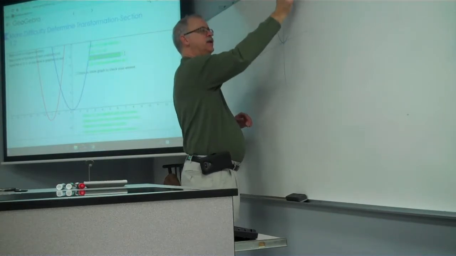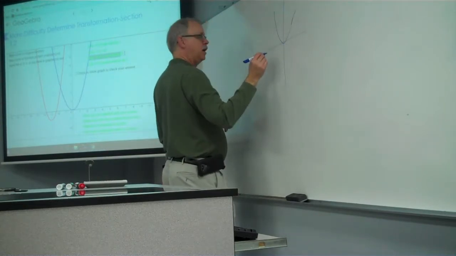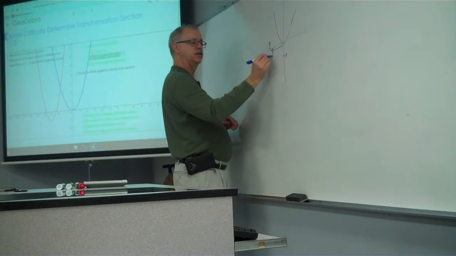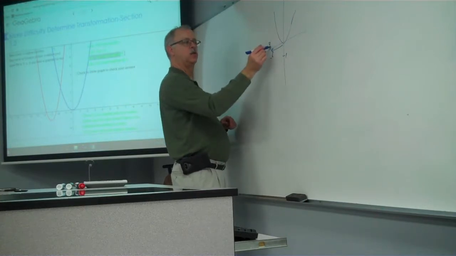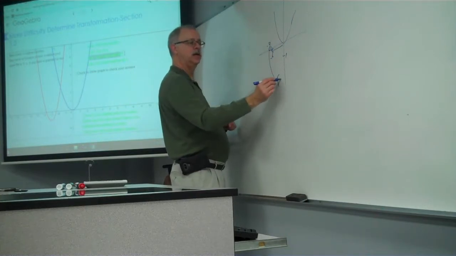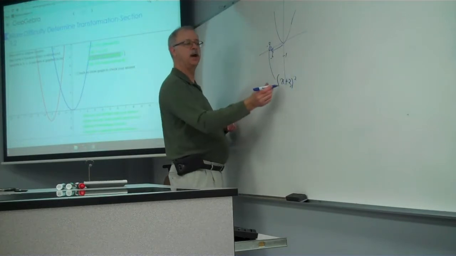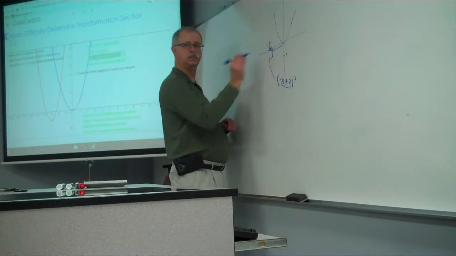We can identify it's the basic square function. The vertex is over here at -3, -1. So we move it left 3 units, down 1 unit. Well, to get the vertex over here, it's x plus 3 squared. That's where we're going to be squaring 0.